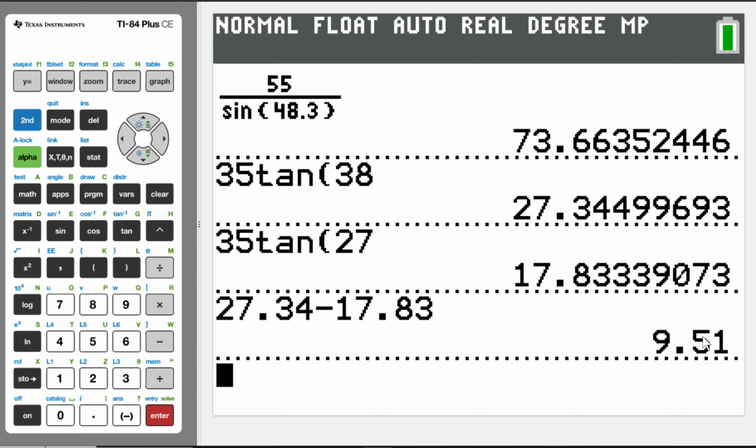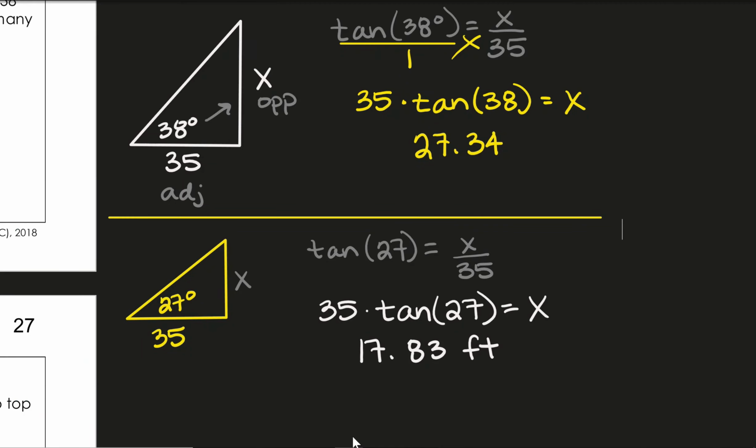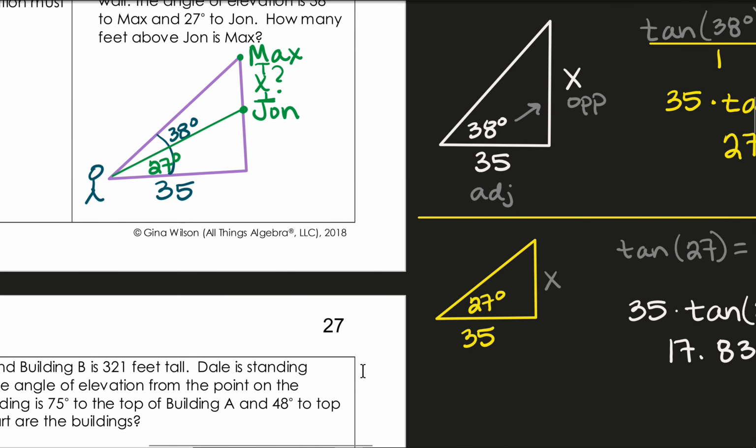And we get 9.51. So Max is 9.5 feet higher than John. So back at our problem here, when it says how many feet above John is Max, we can say that answer is 9.5.